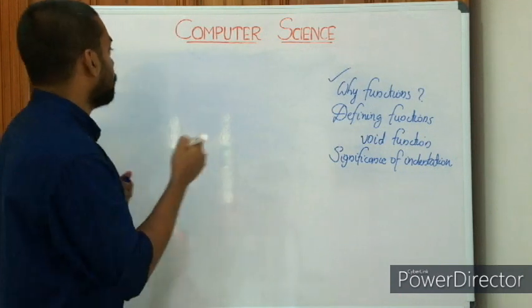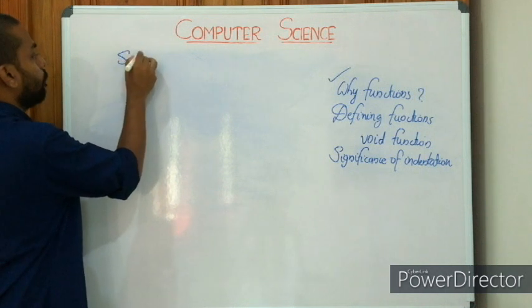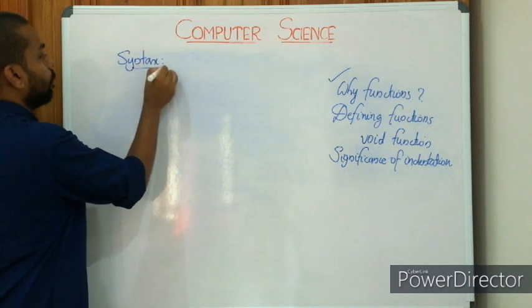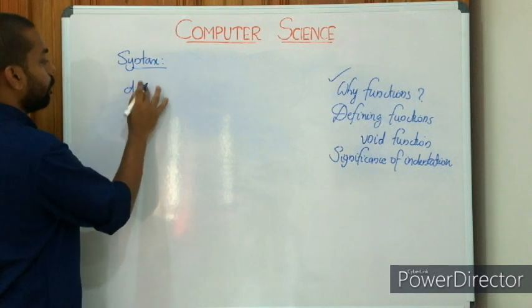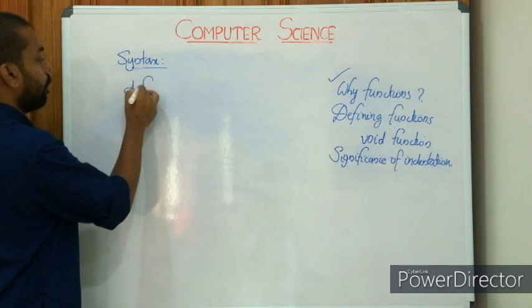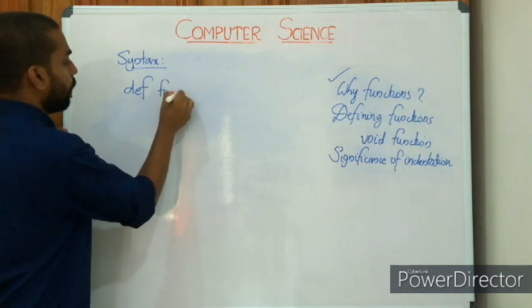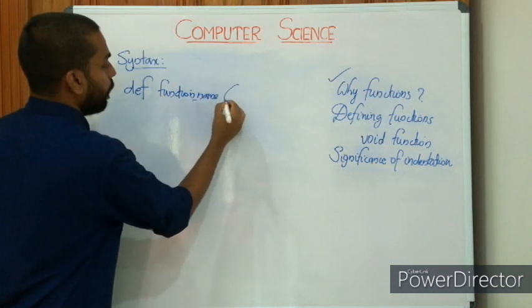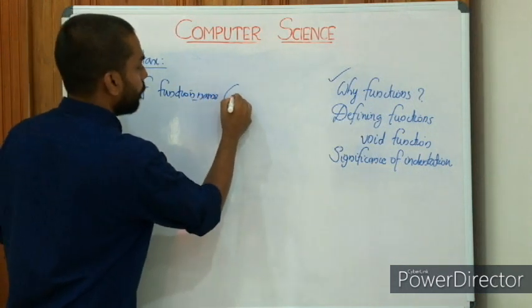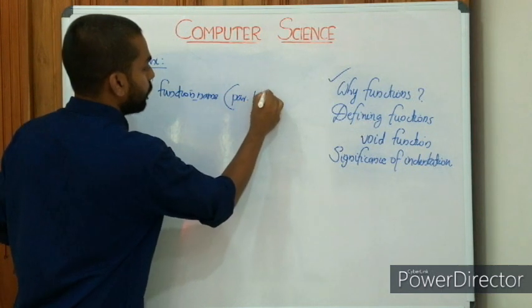The syntax of defining a function is: function definition starts with the keyword def, followed by the function name. Then in parentheses we have the parameter list.